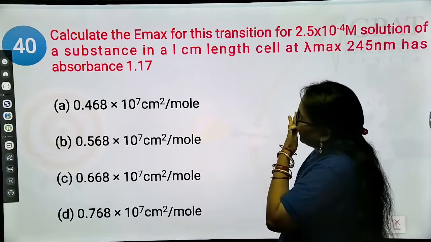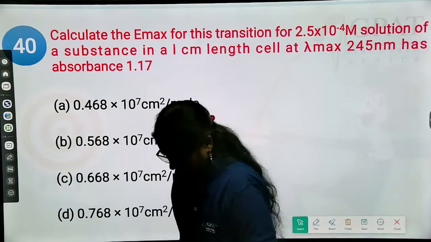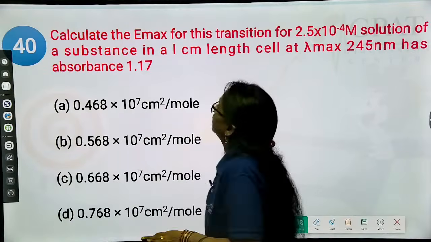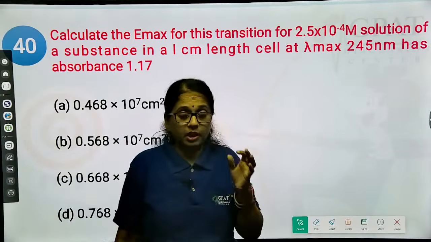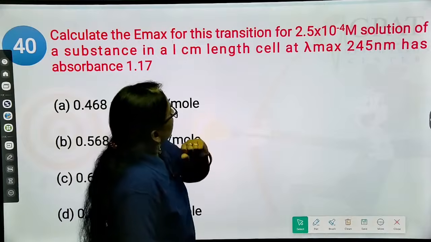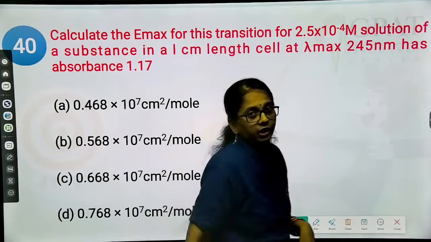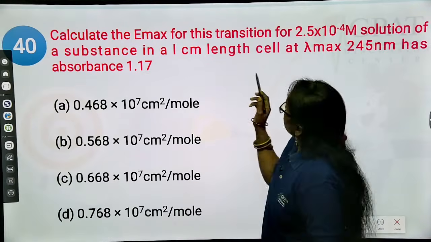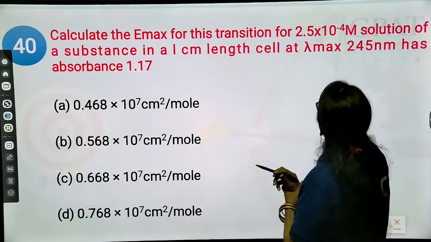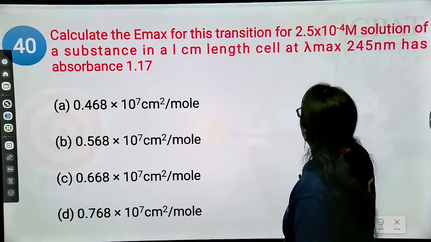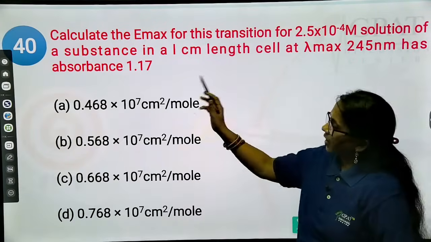Okay, 40th question. One more calculation we are observing. Calculate the epsilon, they are asking molar absorptivity value here. The transition of 2.5 into 10 to the power of minus 4 molar solution of a substance in 1 centimeter path length cell at lambda max, which is having absorbance.